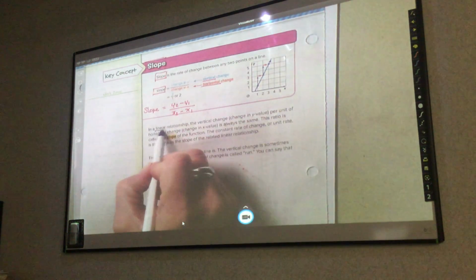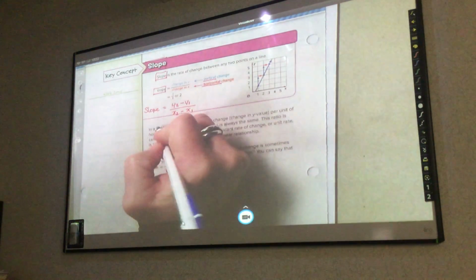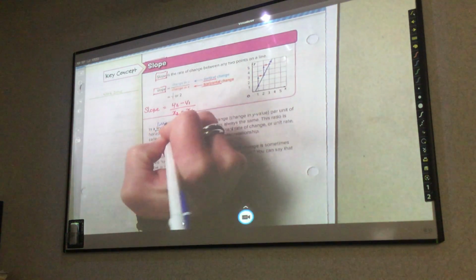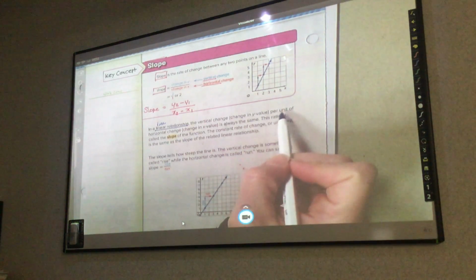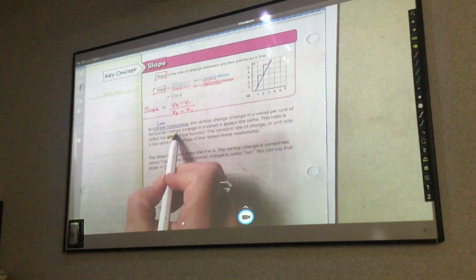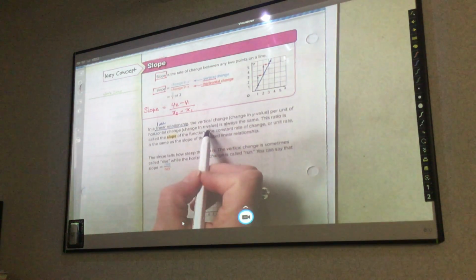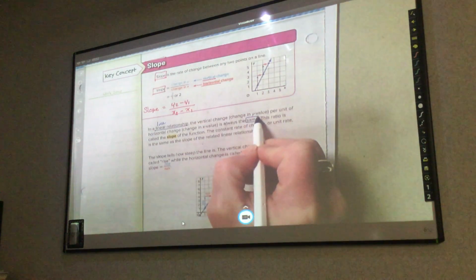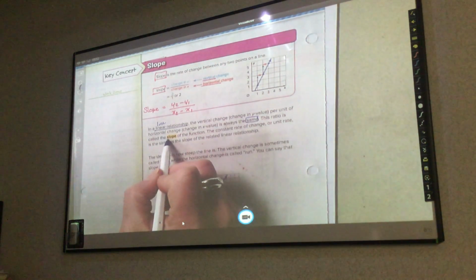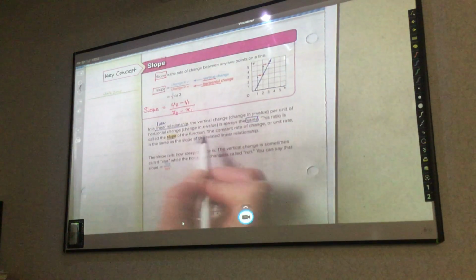In a linear relationship, I'm going to write the word line above that, because it forms a line. The vertical change, which is the change in y, per unit of horizontal change, which is the change in x, is always the same. This ratio is called the slope of the function.